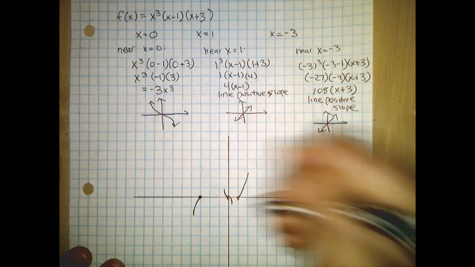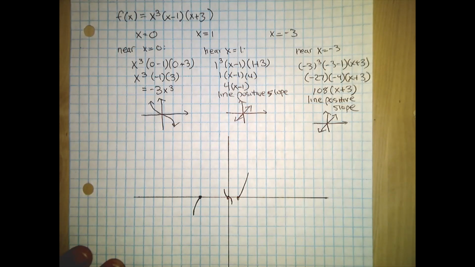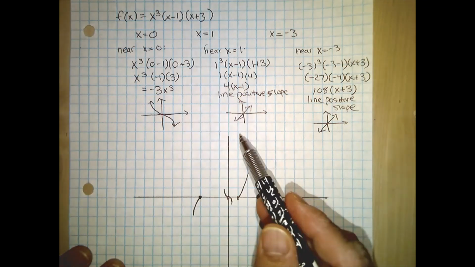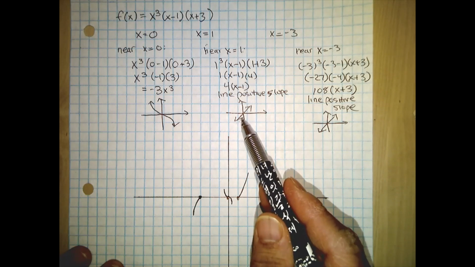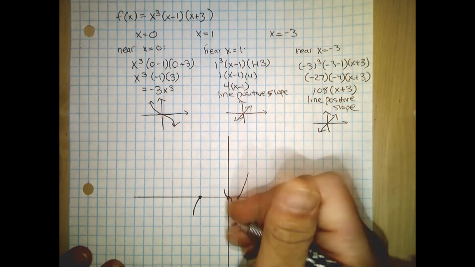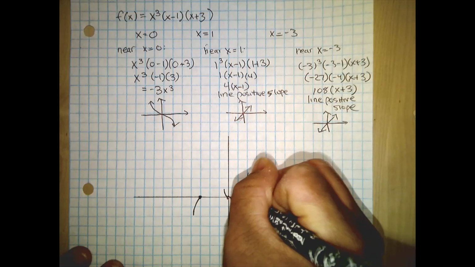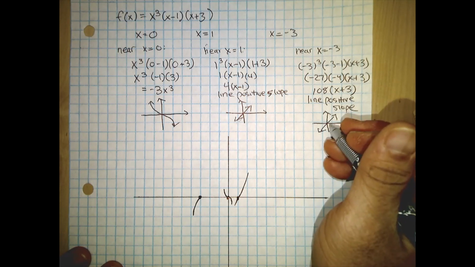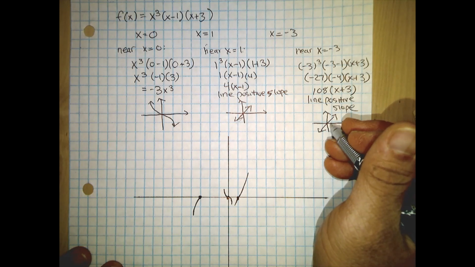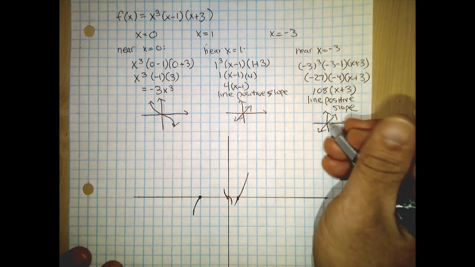Then near x equals 1, we have a behavior that's a line, but remember that should have also crossed the x-axis at x equals 1. And then at x equals negative 3, we had a line with a positive slope here.